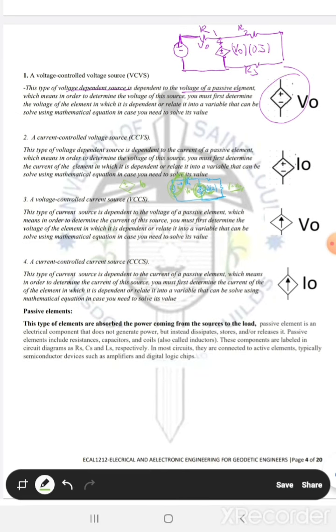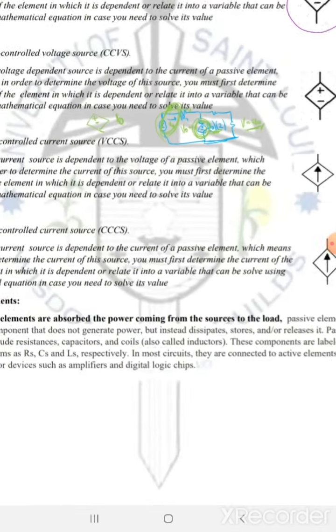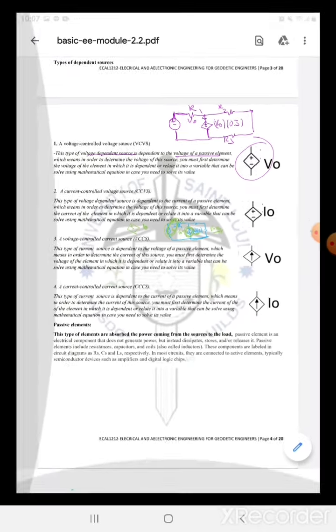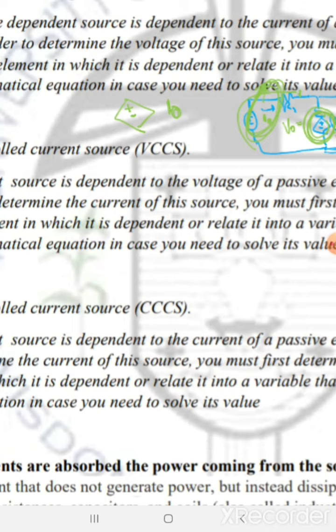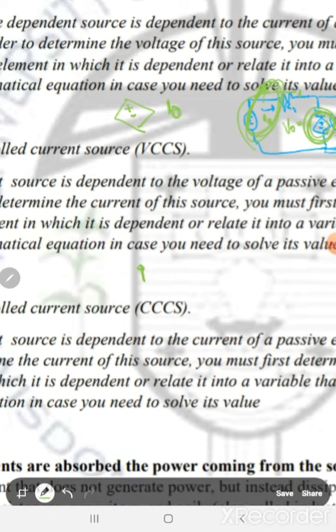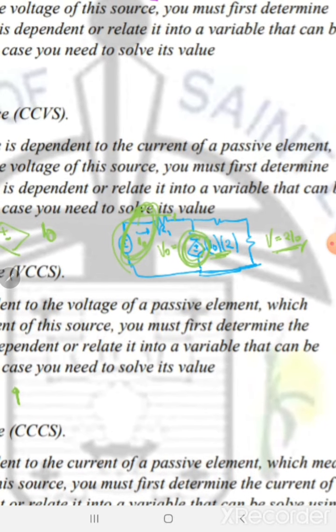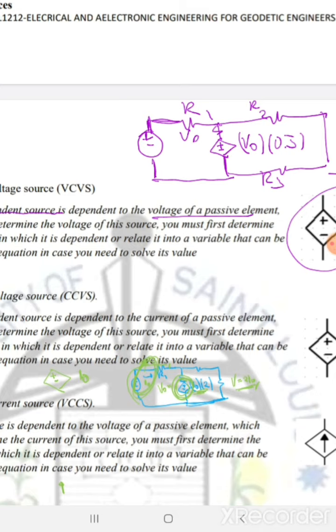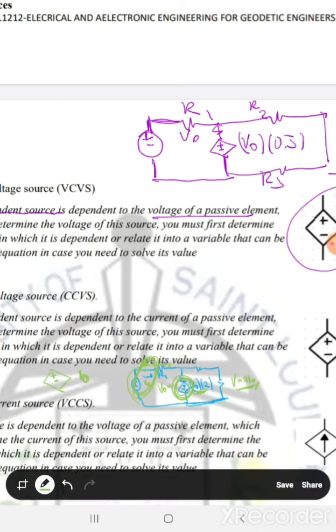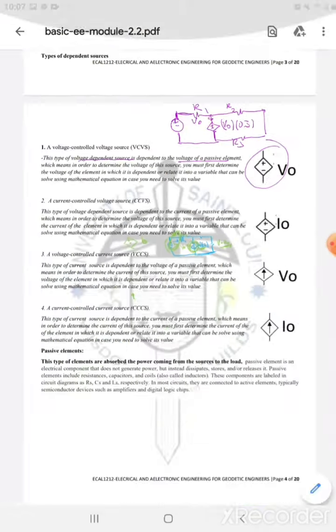Next is your voltage controlled current source. Pag sinabi nating voltage controlled current source, it is a current source. Okay? Your current source is indicated by an arrow, right? So, pag voltage naman, it is indicated by positive, negative, which means the polarity of the source, okay?